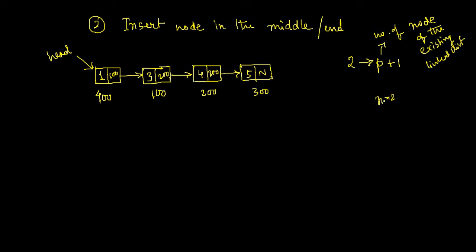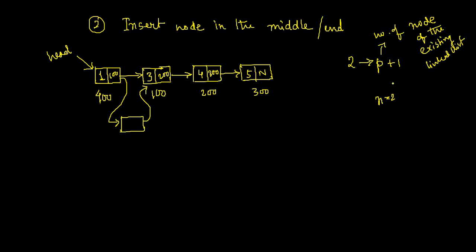That means I have to insert somewhere over here, in between these nodes. So the position n equal to 2 or 3 or whatever is the user input.